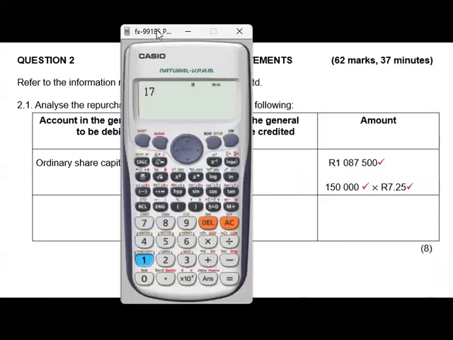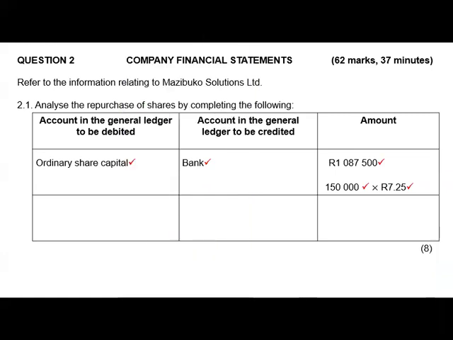So we paid 1,710,000, right? But initially for these shares, we only received 1,087,500. So we paid more than what we actually received initially, and we made a loss of 622,500.